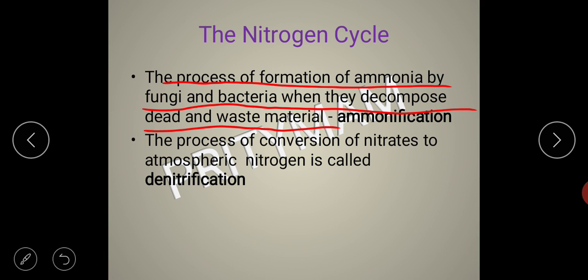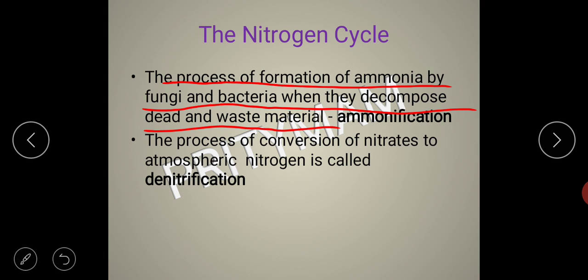The nitrifying bacteria convert this ammonia into nitrates. So the process of converting ammonia to nitrates in the soil is called nitrification. And some of the nitrates are absorbed by the plants also.